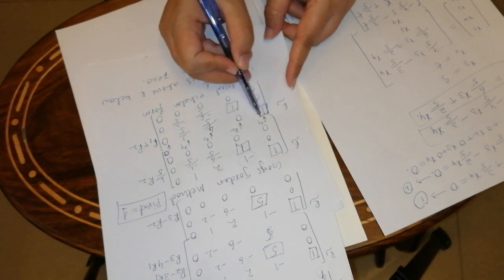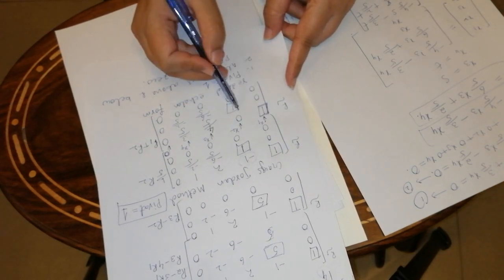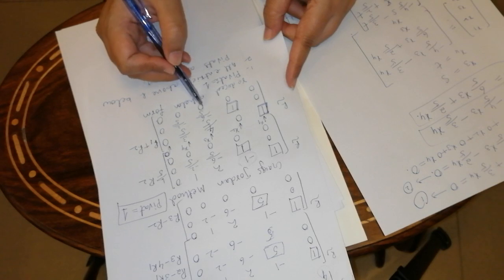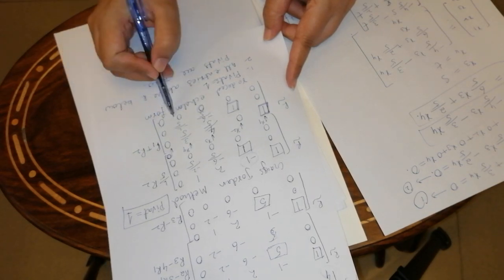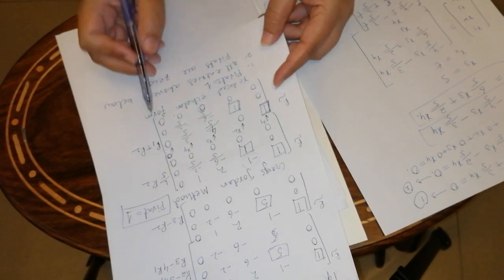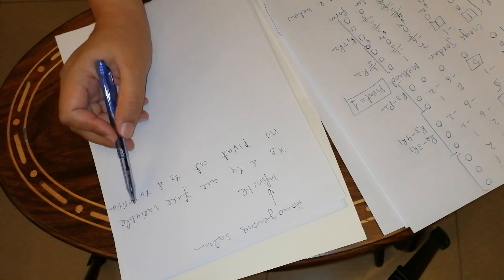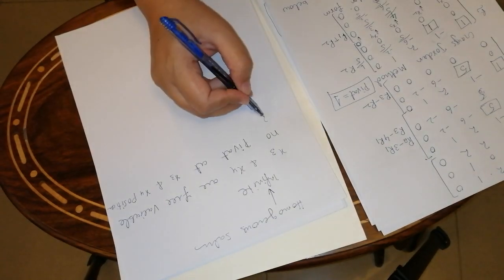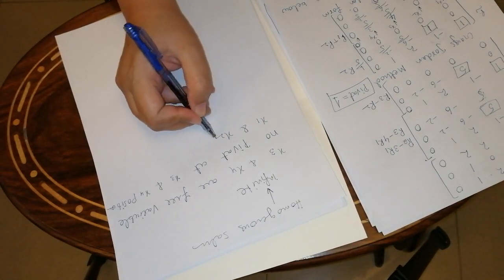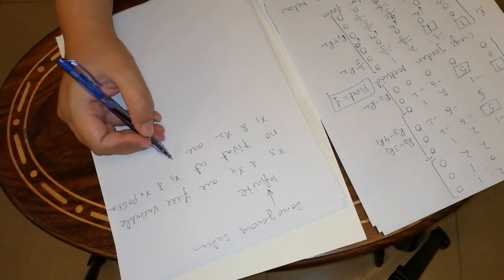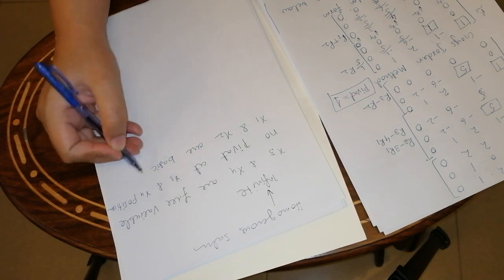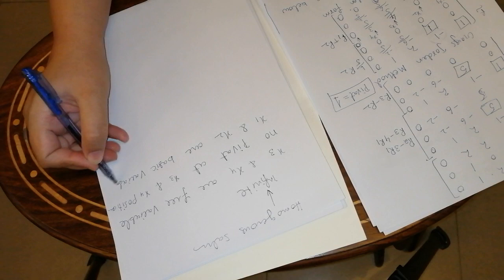At the x1 position there was a pivot, at the x2 position there was a pivot, but at the x3 position the pivot was 0 and there is no pivot at the x4 position. So x3 and x4, where there is no pivot, these variables are known as free variables. And x1 and x2, where the pivot exists, are known as basic variables.